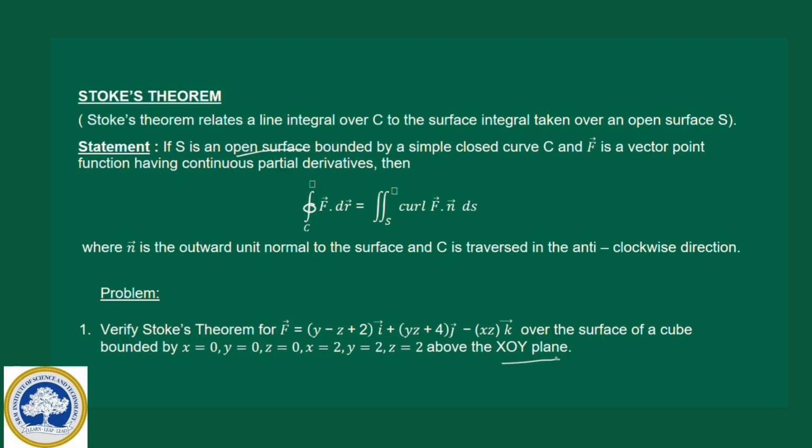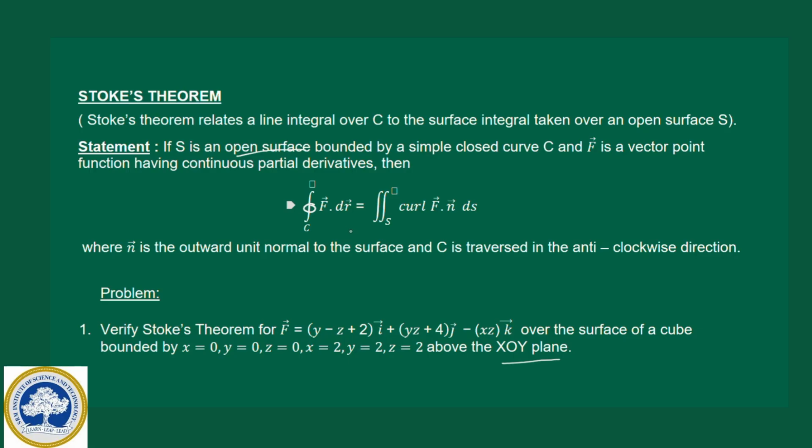So above the xy plane means we have to consider only 5 surfaces, and we have to omit the surface which is exactly on the xy plane. So out of 6 surfaces, we consider the remaining 5 surfaces, and the surface on the xy plane will be kept open, and that is considered as a square, and that square is considered as the closed curve C here.